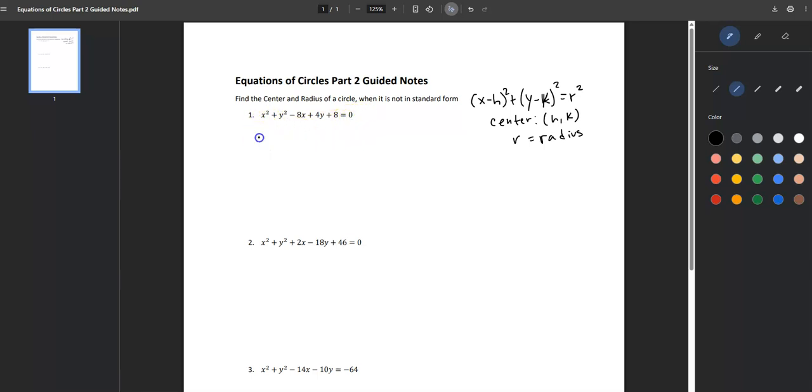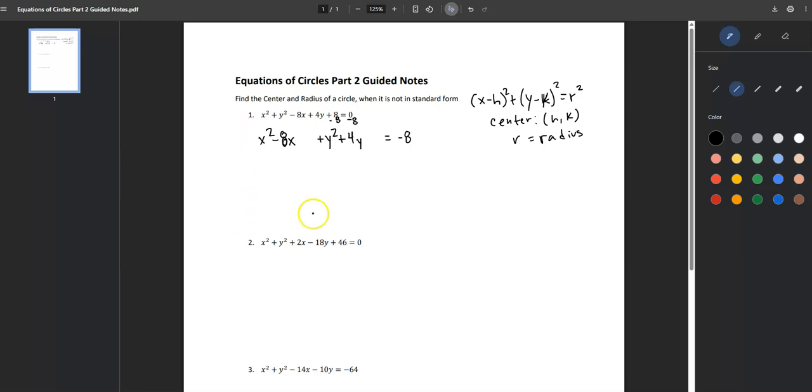I'm going to put x squared minus 8x, leave a little space, then y squared plus 4y, leave a little space, then put equals, and move this 8 to the other side. So I'm going to have negative 8 on the other side. The x's together, the y's together, and the constant on the other side by itself.